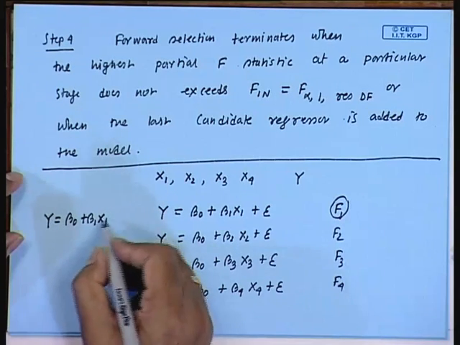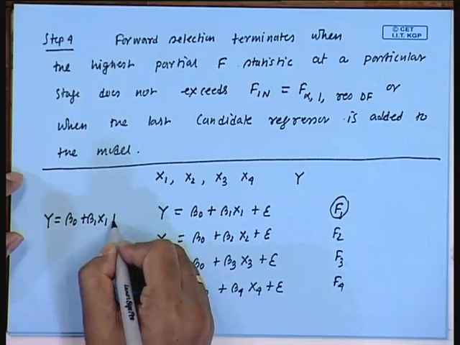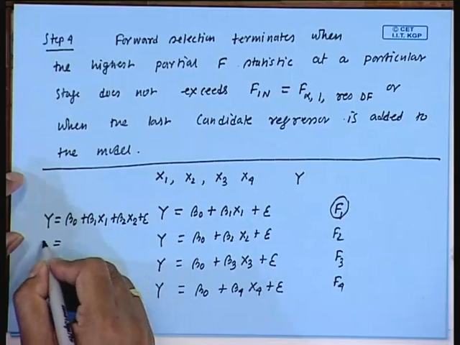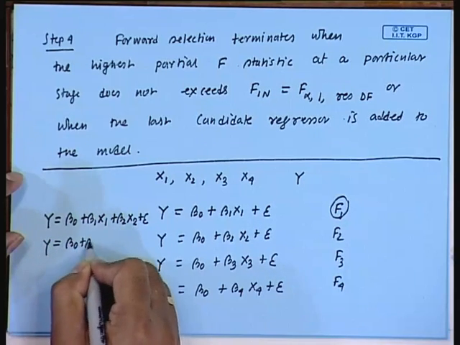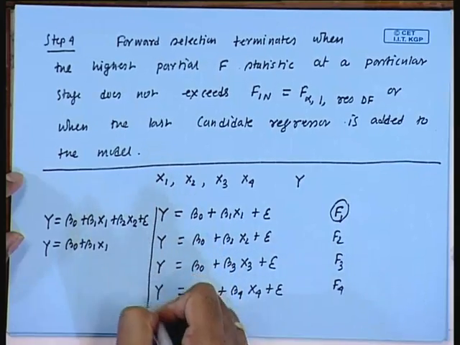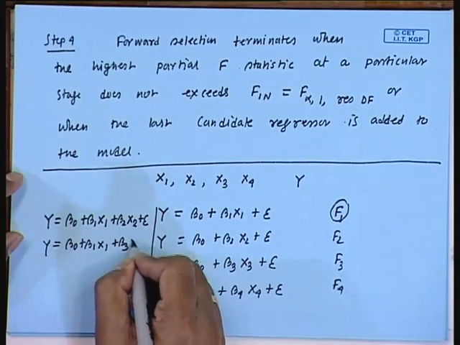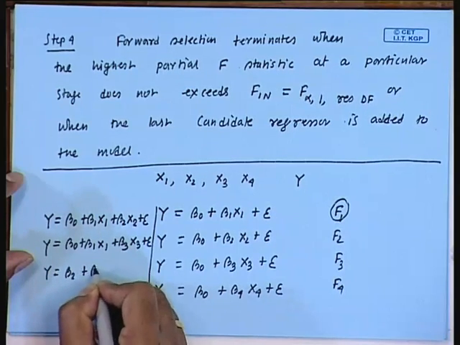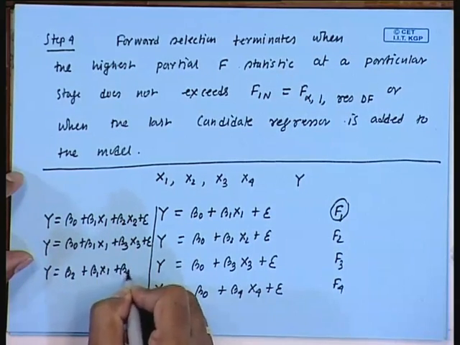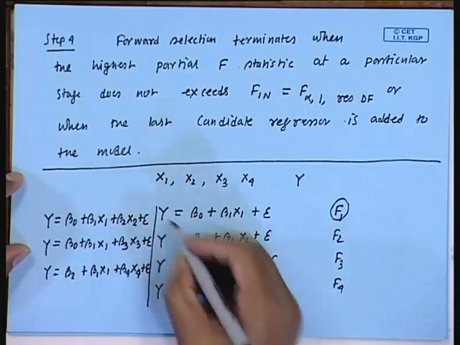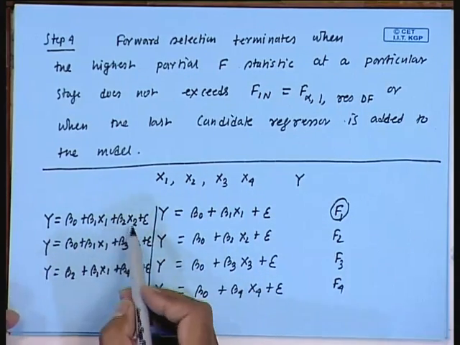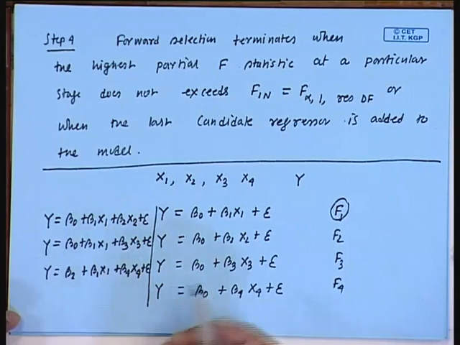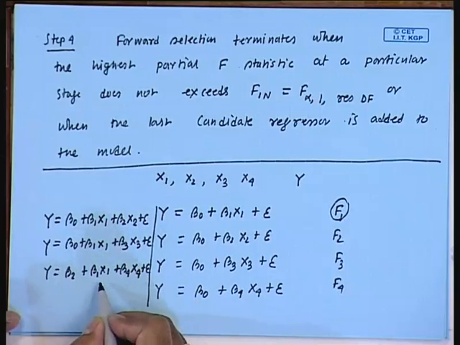So, we will try the model beta naught plus beta 1 X1 plus beta 2 X2 plus epsilon, and Y equal to beta naught plus beta 1 X1 plus beta 3 X3 plus epsilon, and Y equal to beta naught plus beta 1 X1 plus beta 4 X4 plus epsilon. So, we will compare in the presence of X1 which one is the best, whether X2 is best in the presence of X1, or X3, or X4.